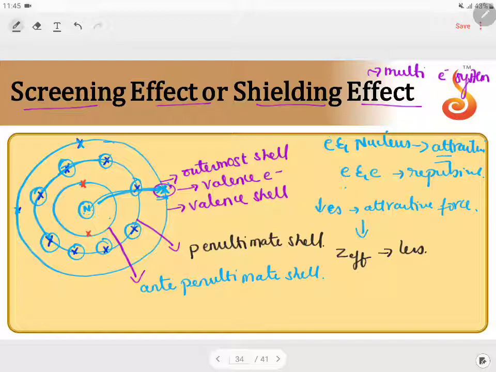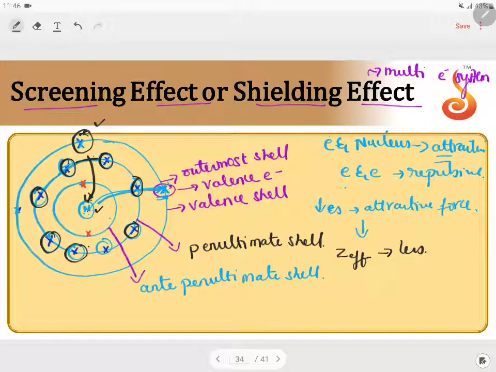On the other hand, assume that these inner electrons are not covering the valence electrons effectively. The nucleus is not protected by the penultimate and anti-penultimate electrons. As a result, the valence electrons are attracted towards the nucleus, and there is more attraction between the valence electrons and the nucleus.